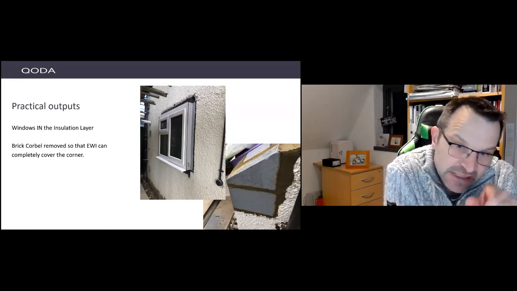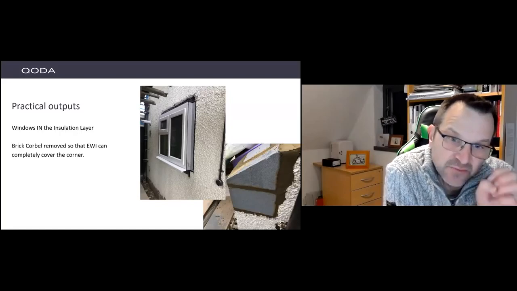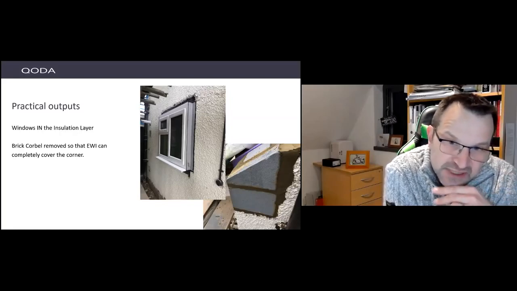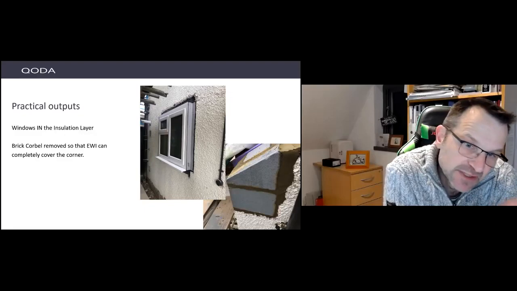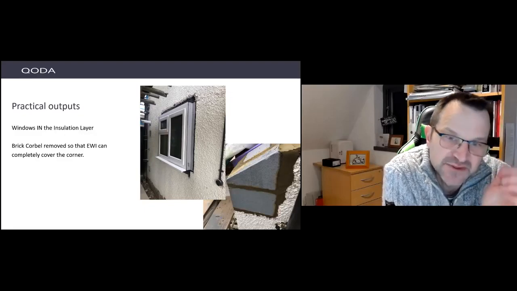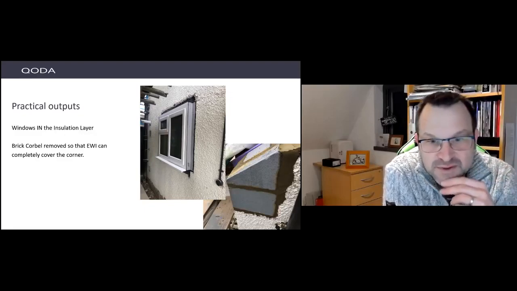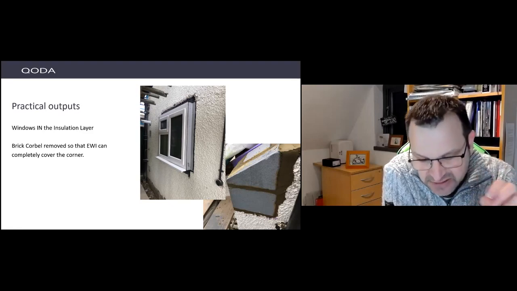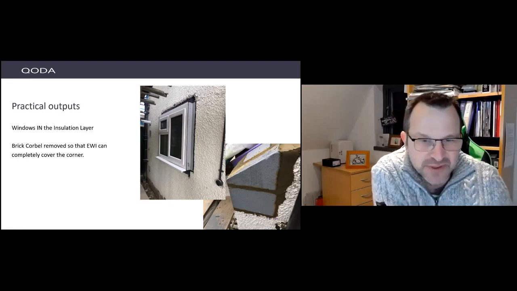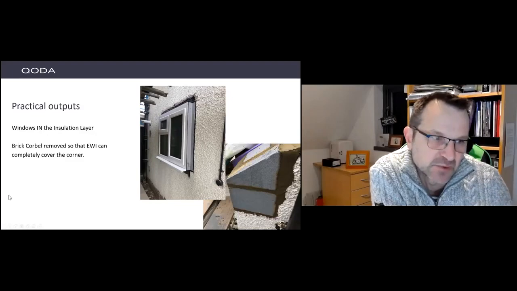So we've taken the brick corbels away and replaced them with the thermalite blocks you can see there. And now the 200 millimeters of mineral wool goes up in front of where the corbel was, to make sure that we get continuity of insulation throughout the whole building. And we've tried to apply these simple techniques to all of the building all the way through.